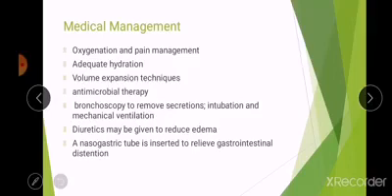Ito may kasama to, volume expansion techniques, your postural drainage, physiotherapy, including your coughing, and endotracheal suctioning. Itong mga to is used to remove secretions. Bakit kailangan i-remove yung secretion? Para ma-clear yung airway ni client.